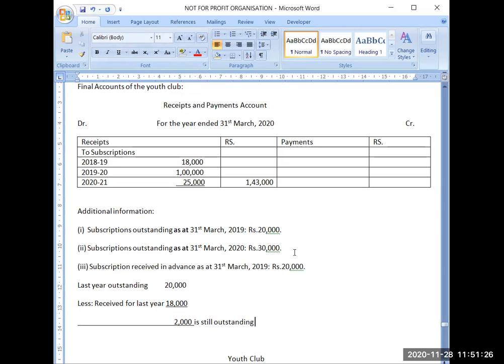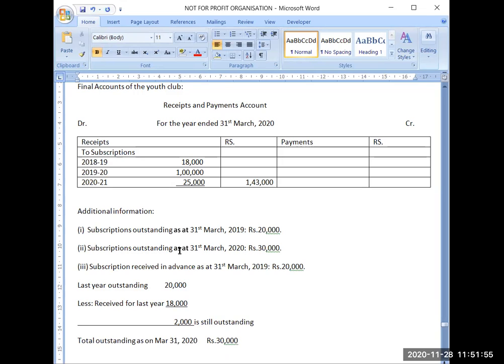Now the total outstanding given as on March 31st, 2020 is equal to rupees 30,000. As I told you earlier also, either the word should be here for.